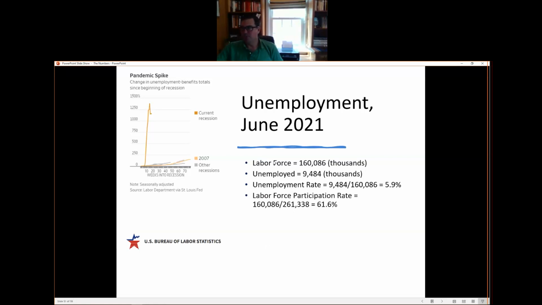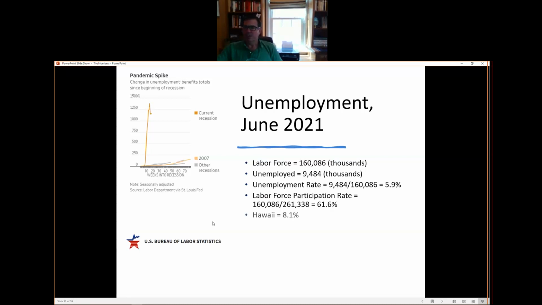As you already saw from the top bullet, 160 million are in the labor force, so the rest are not in the labor force. So they must be retired or full-time students or caring for people or stay-at-home parents, whatever. So about 61.6% of our adults are in the labor force, which we call the labor force participation rate.